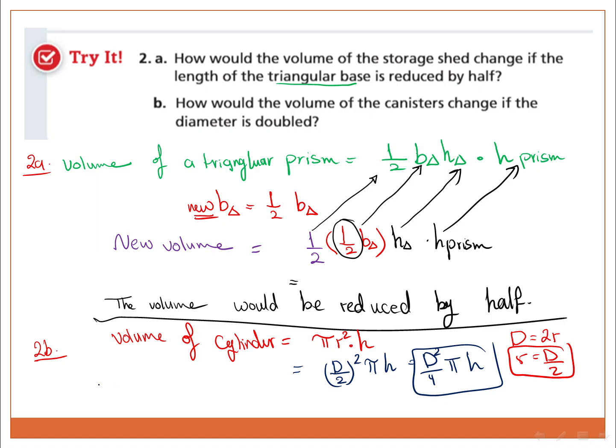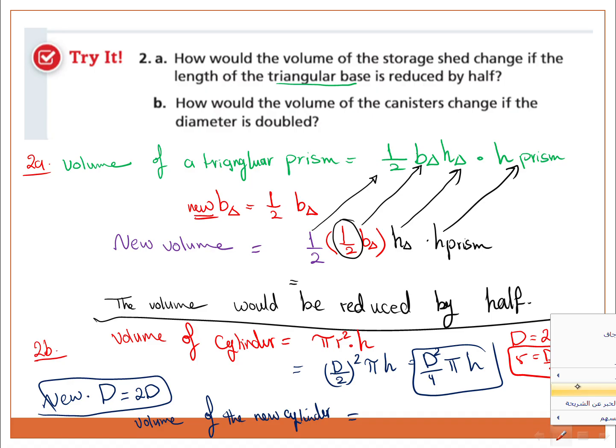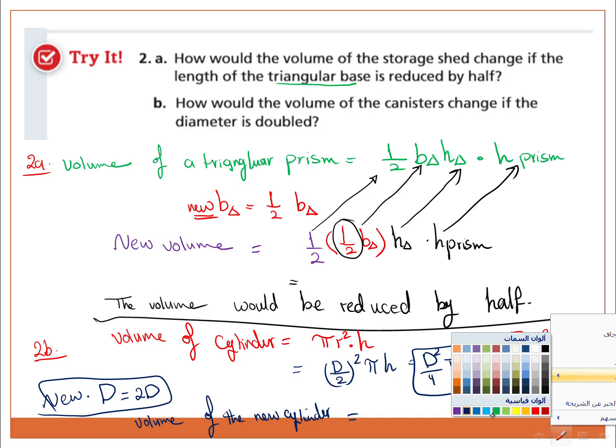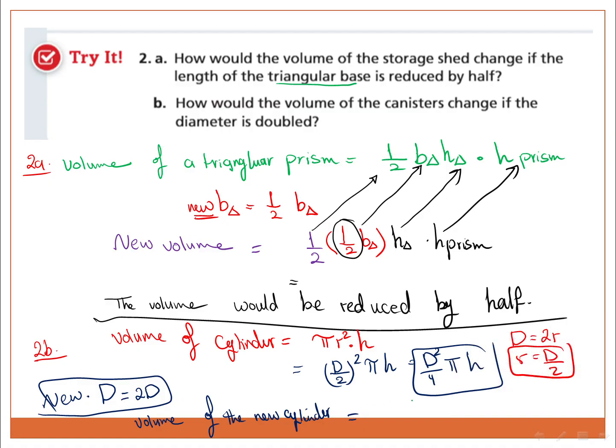This is the old one. The new change here, he said the new diameter will be doubled, I mean 2 times the old one. Okay, so what will the volume of the new cylinder be? Now the volume of the new cylinder equals π, right?